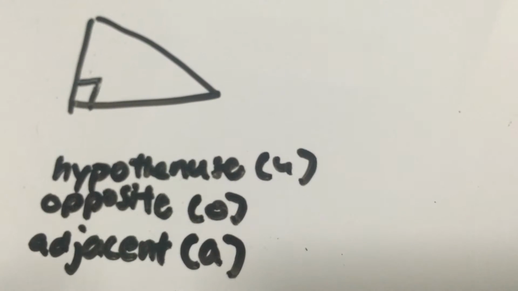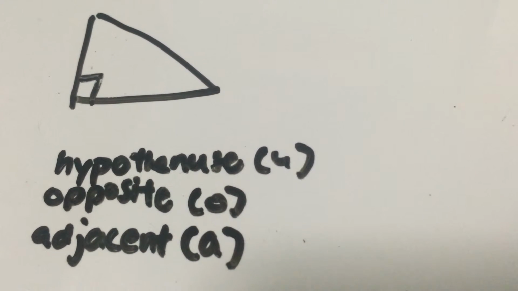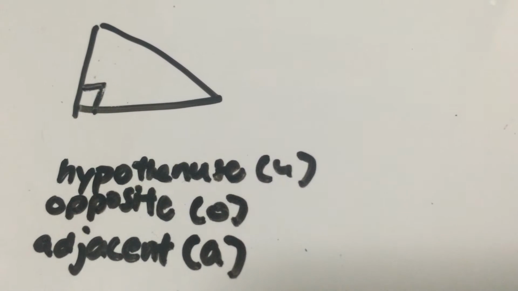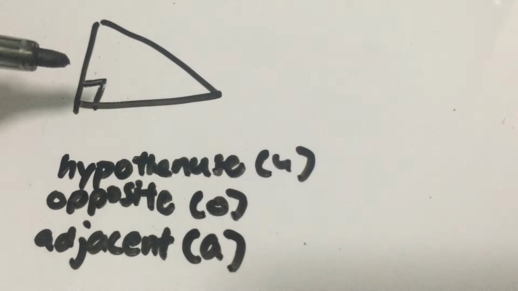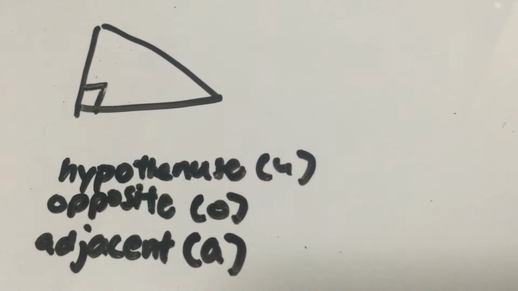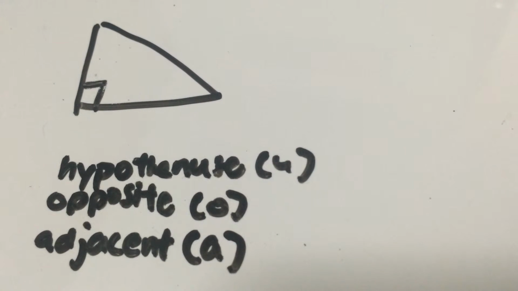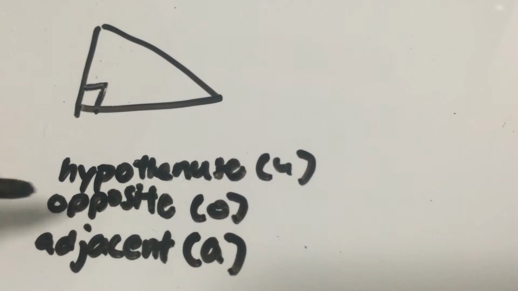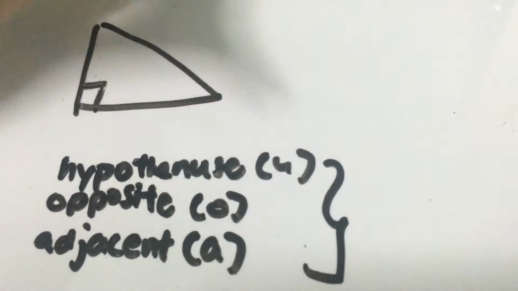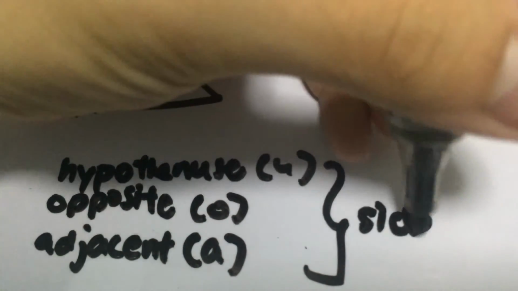So as you can see down here on the whiteboard, when we want to introduce trigonometry, we use a right angle triangle to illustrate and explain what we mean by the adjacent, opposite, and the hypotenuse. So hypotenuse, opposite, and adjacent are all representing sides, all right?